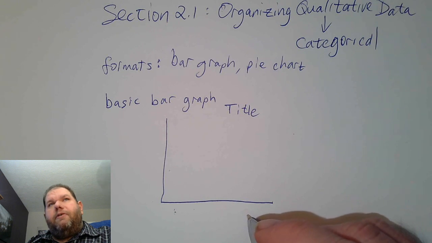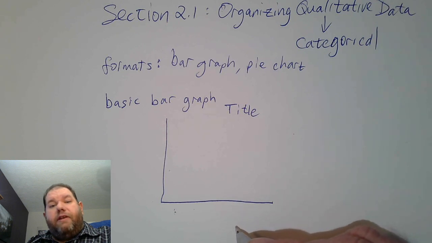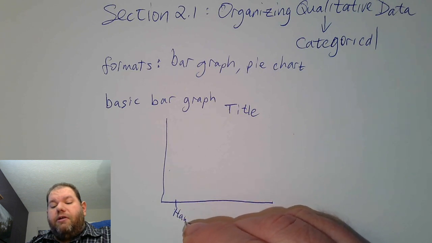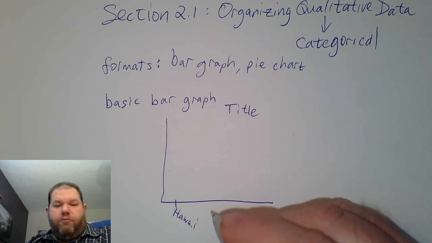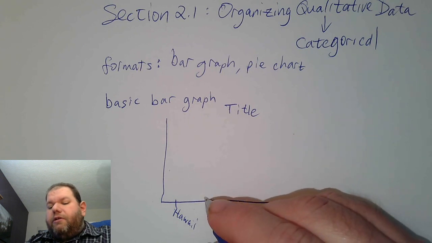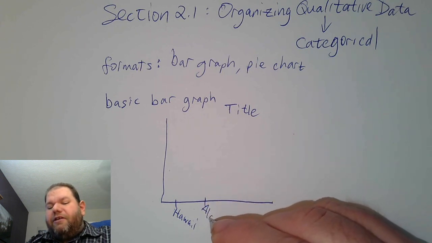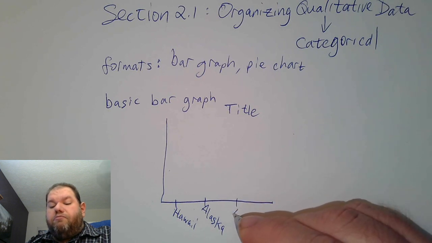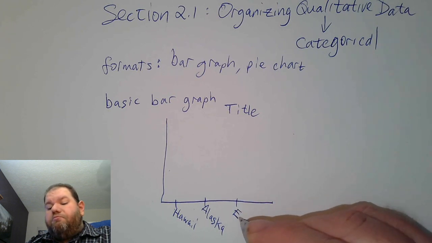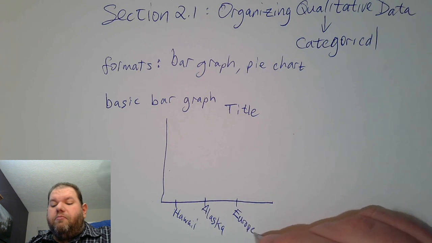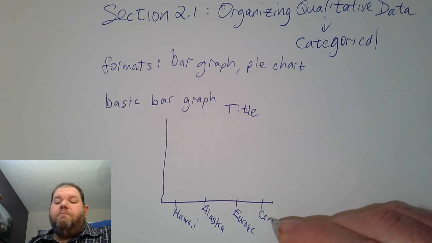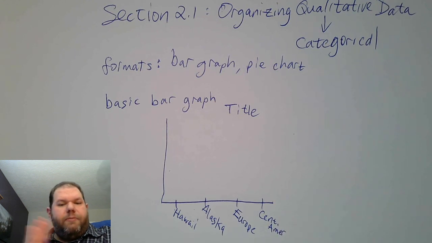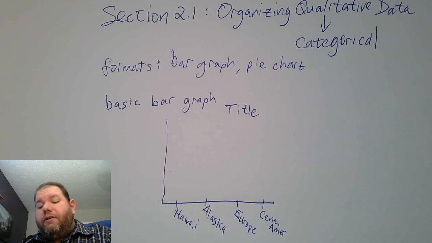So if we're thinking about vacation destinations, we might say Hawaii, when we can travel again, Alaska, Europe, Central America. Not going out too far. I'm just needing some basic examples here.